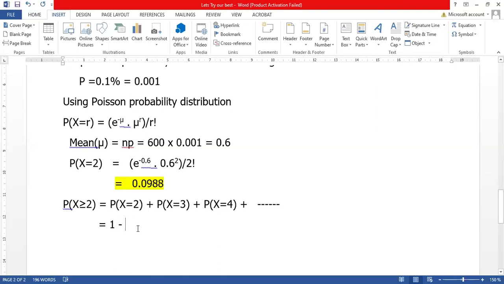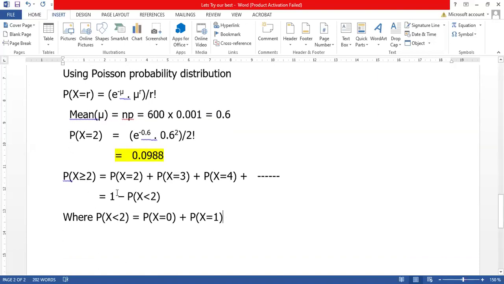So it will be the probability of x less than 2, whereby the probability of x less than 2 is equal to the values below 2. Values below 2, you have 0, 1. So it will be equal to the probability of x is equal to 0, because you may find that there are no students who are going to access the loan, then plus the probability of x is equal to 1.